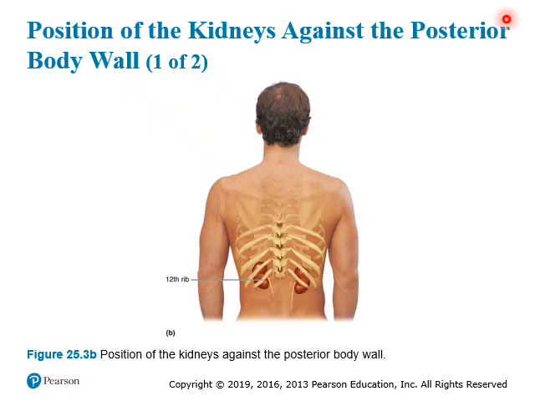Now, the kidney has a peculiar shape, and I don't know which word came in first in the development of our language. Is it the beans, or is it the bean shape, or is it the kidney shape? So we say the kidney is shaped like a bean, but when we're looking at the beans, we say that the beans are shaped like the kidney. So they do have the same shape.